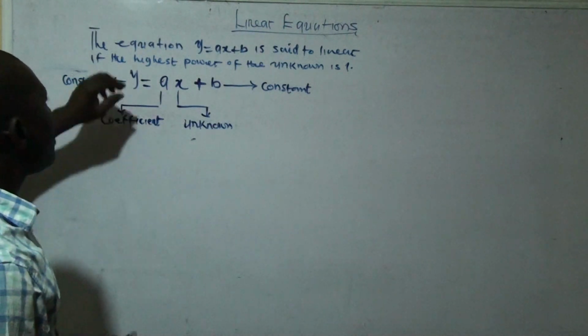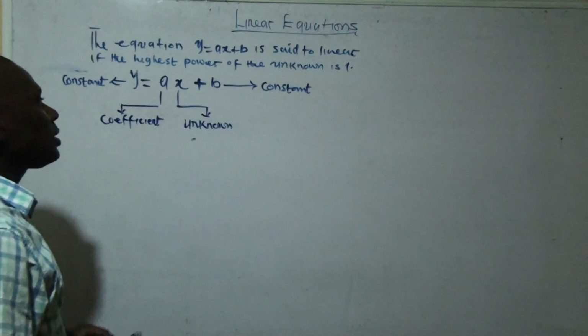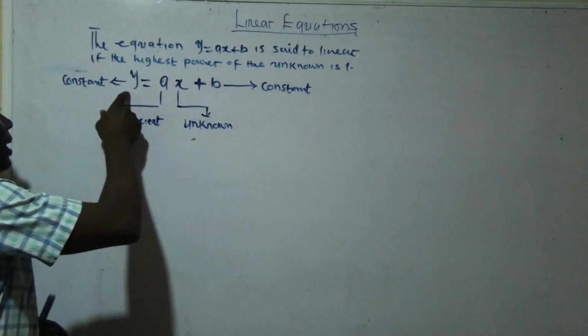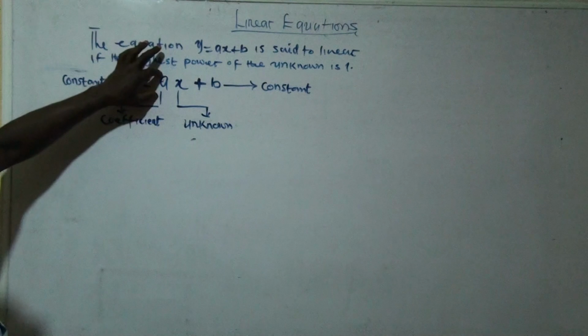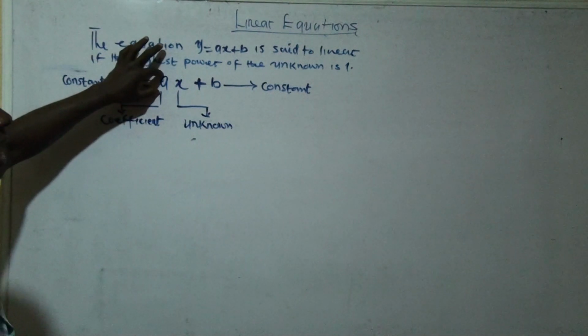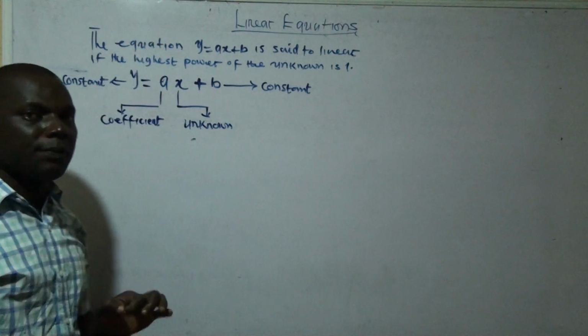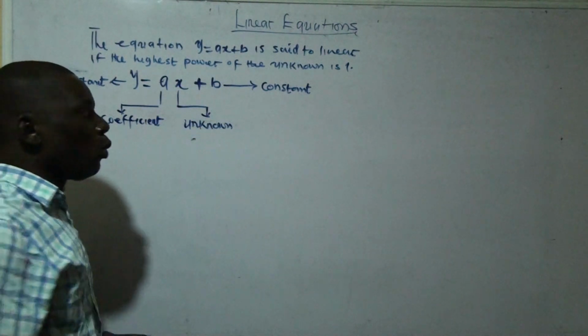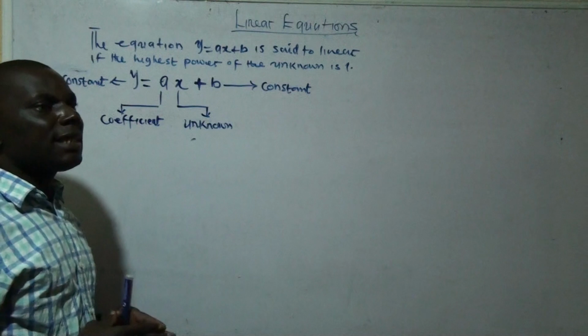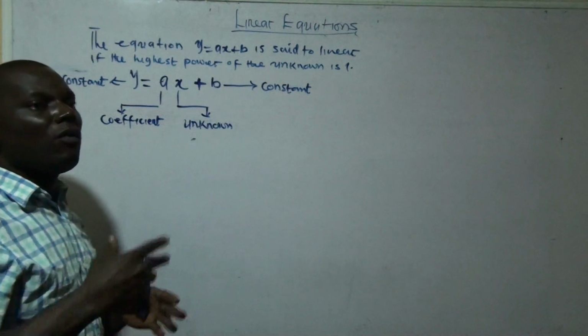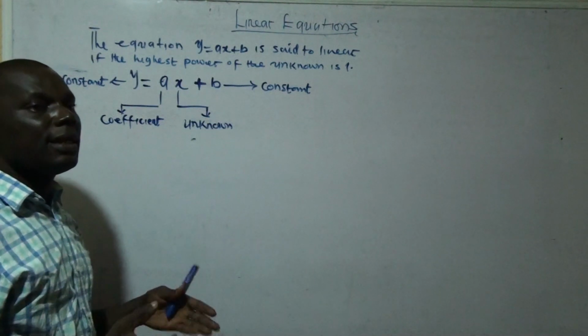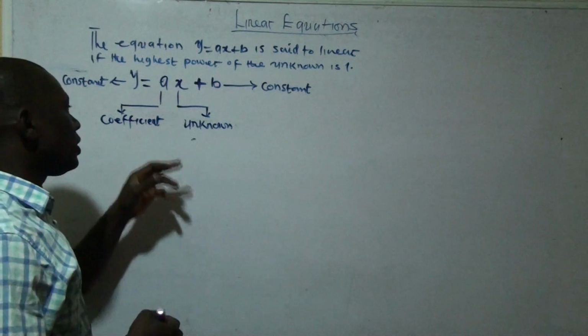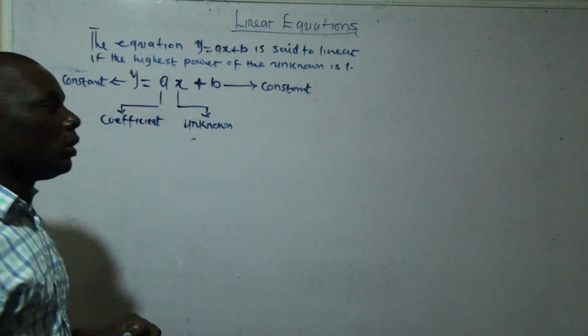Here the b is a constant, and the y here is also a constant. Though a is a constant, it is acting as a coefficient. So the x here is called the unknown. Why do we call it unknown? Any value you are trying to find in an equation is referred to as the unknown.